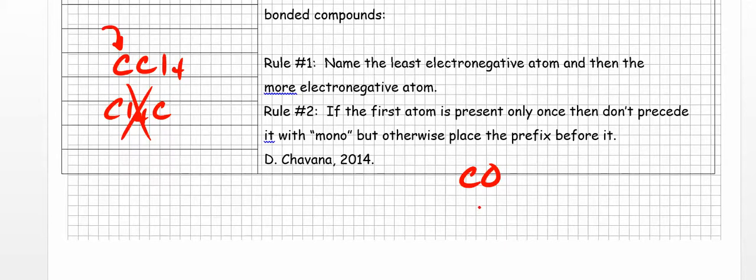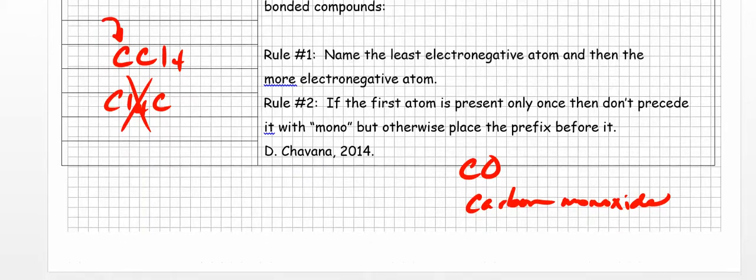So we're going to call this one carbon monoxide, just like that. All right? Makes sense? Let's go on.